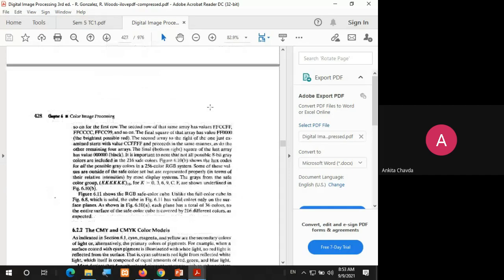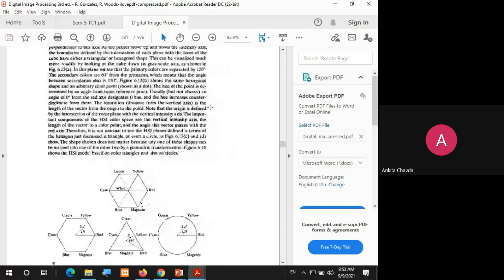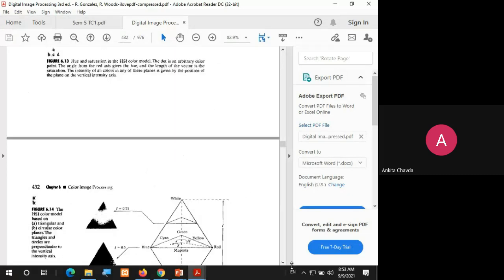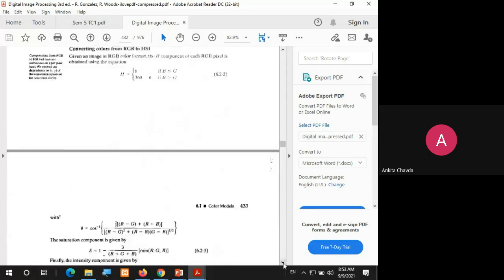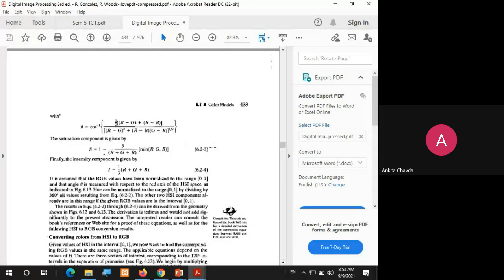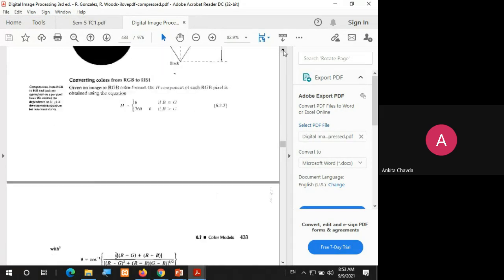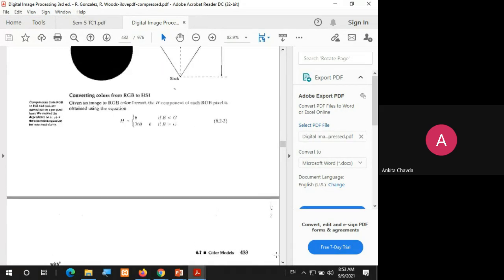This is the RGB model, and after that we have seen all these things. This is what we have covered, and this is what we have seen just now. After these three, these four formulas, this is the second one.